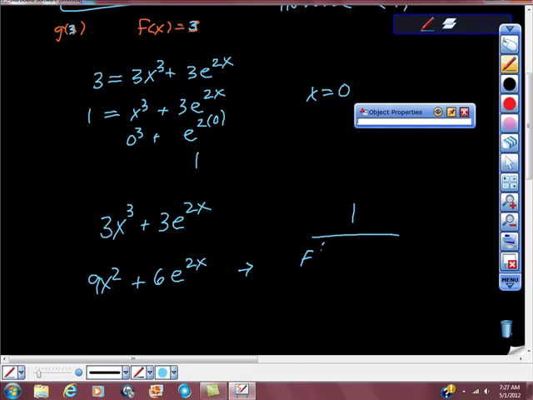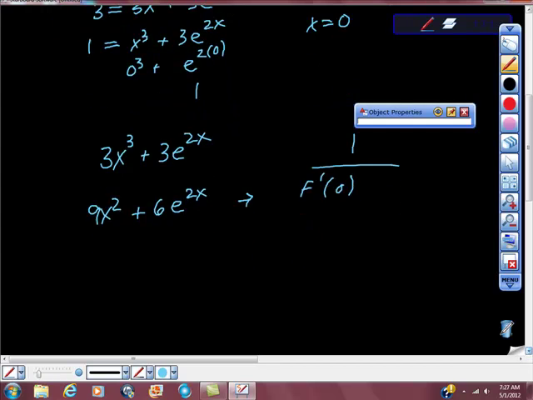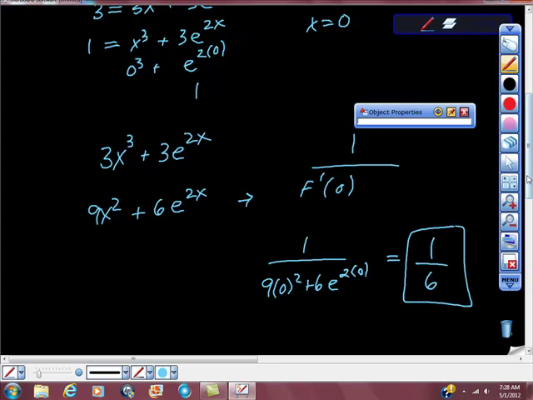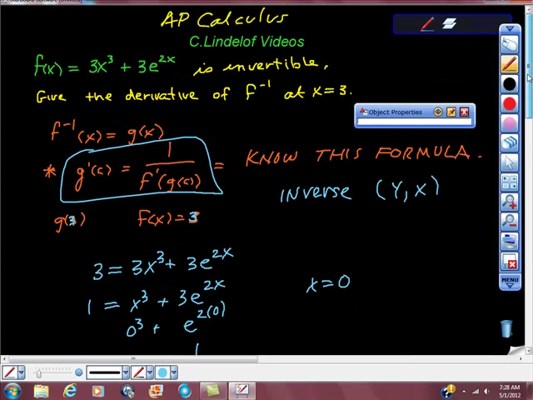So we want f prime at 0 down here, which gives us 1 over 9 times 0 squared plus 6e to the 0, which gives us 1/6.